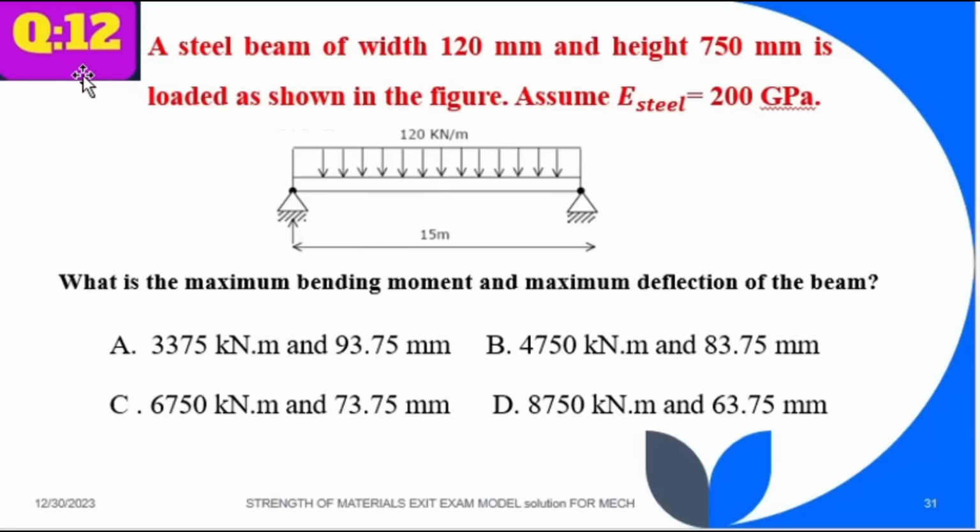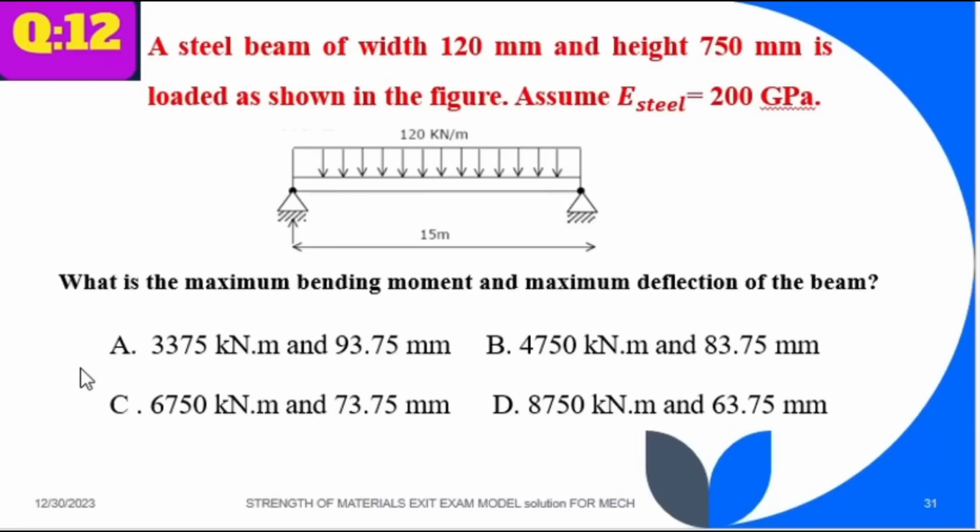Question number 12. A steel beam of width 120 millimeter and height of 750 millimeter is loaded as shown in the figure. Assume the modulus of elasticity for this steel is 200 gigapascal. What are the maximum bending moment and maximum deflection of the beam? A, 3375 kilonewton times meter and 93.75 millimeter.